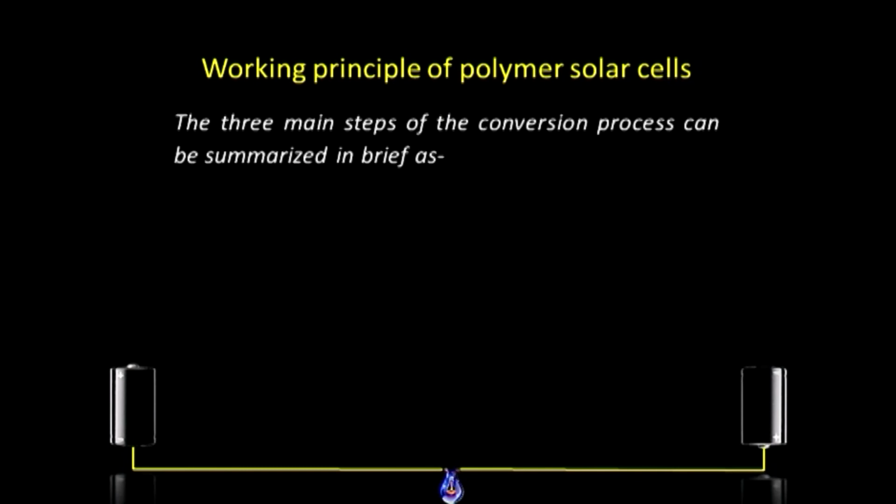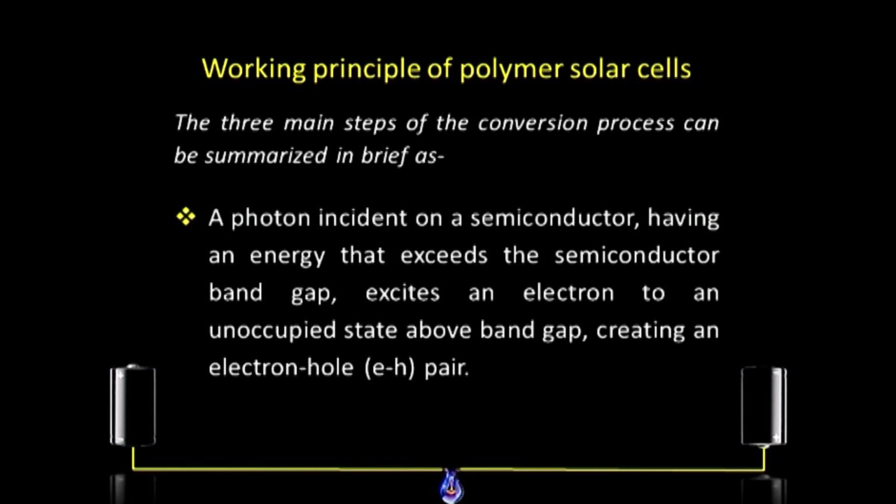The main three basic steps of this conversion process are summarized in brief. The first is a photon incident on a semiconductor having an energy that exceeds the semiconductor band gap, which excites an electron to an unoccupied state above the band gap, creating an electron-hole pair, that is the EH pair.